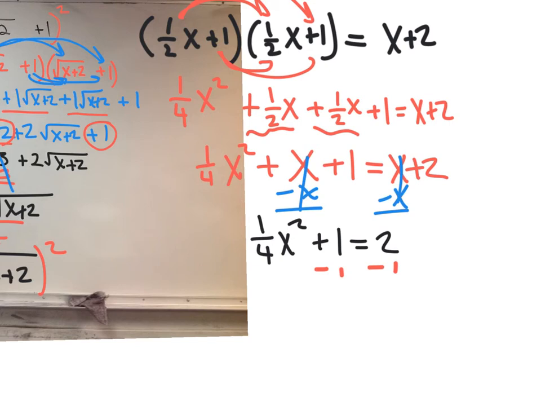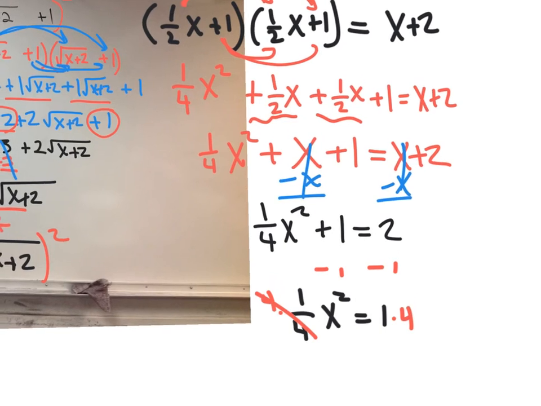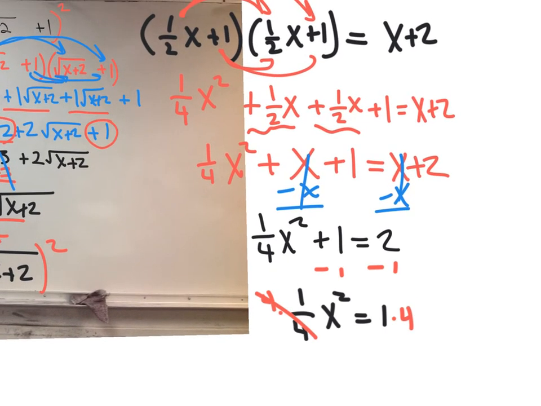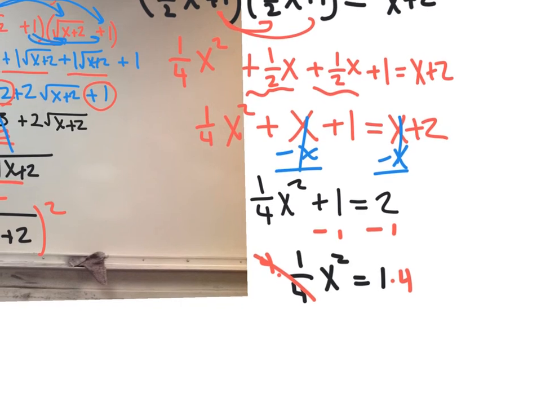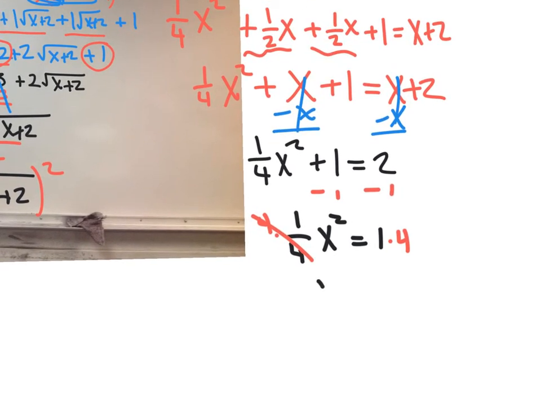You're going to end up with 1/4 x squared equals 1. And then we're going to multiply both sides by 4. Cancel. So you're going to end up with your new equation. And the new equation is x squared equals 4.